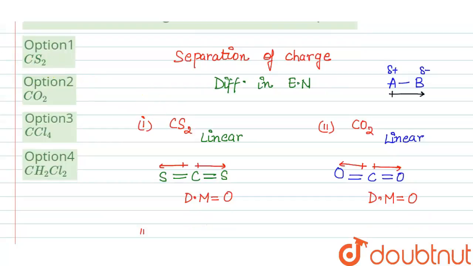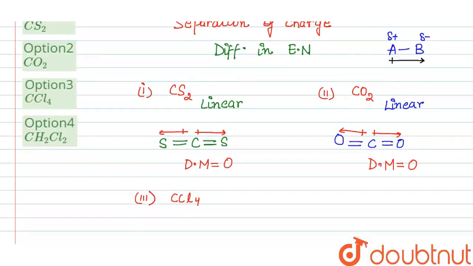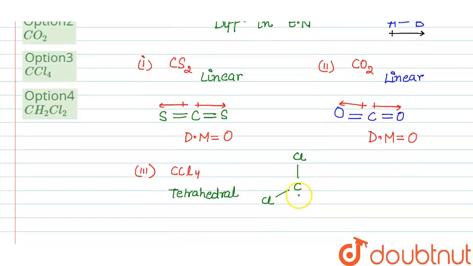Now the third molecule, which is CCl4. So this CCl4 has a tetrahedral shape. So if we draw it, it will be C, Cl, Cl, Cl and Cl. Since chlorine is more electronegative than carbon, the dipole direction will be towards chlorine in this way.